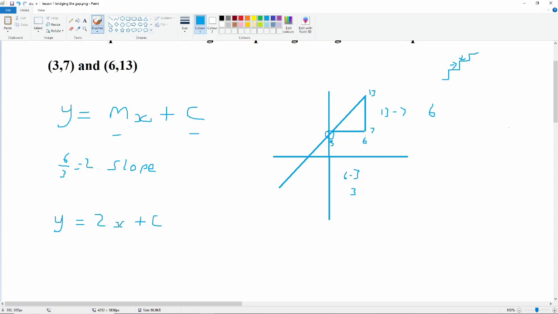Well, we can plug any of these values in. I'm going to choose 6 and 13. So 13 is equal to 2 times 6 plus c.